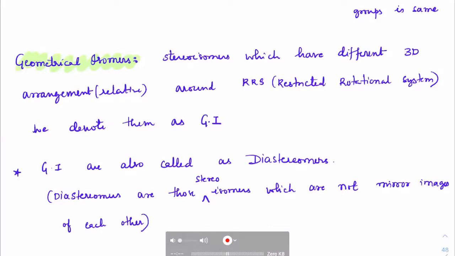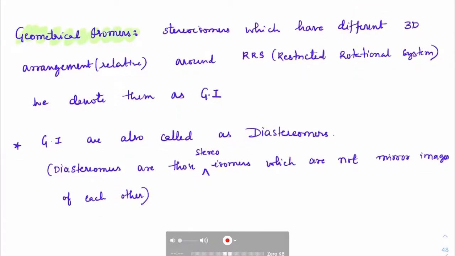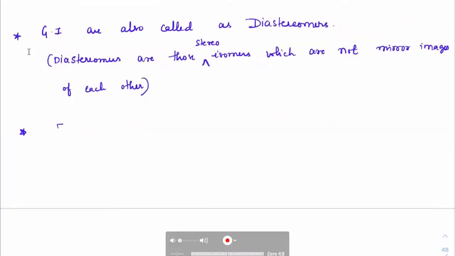Just watching the compounds, we should be able to identify whether they are geometrical isomers or not. If it is about a double bond, which is a restricted bond, correct? A double bond is a restricted bond.